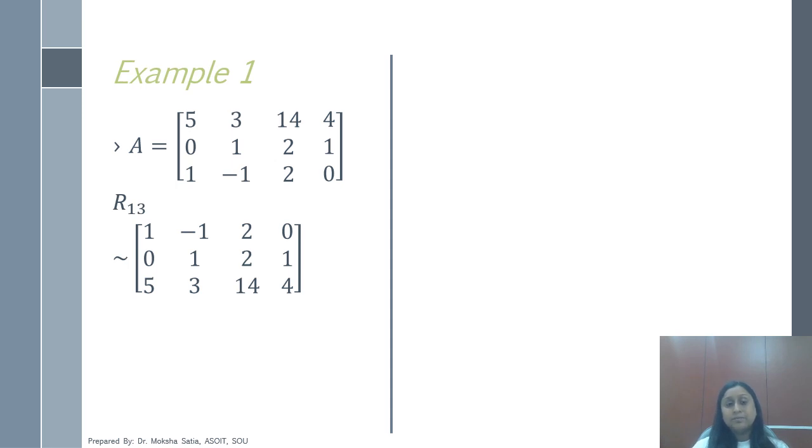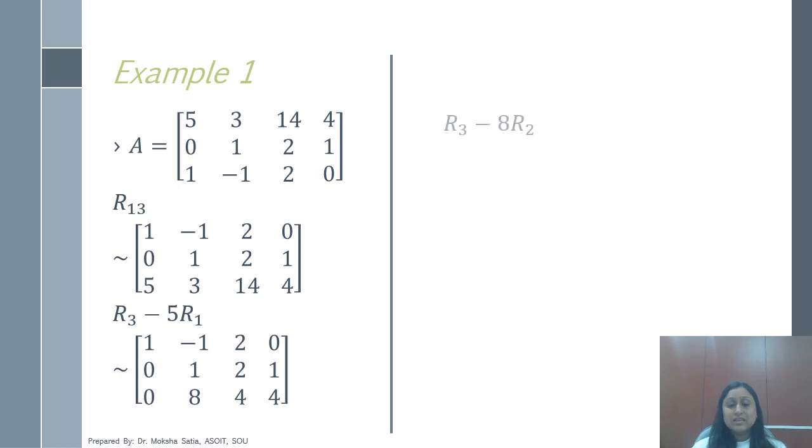Now we need zeros at the bottom of the leading one. We already have 0 in the second row, so we do not need to change that. The only thing we need to change is the 5 in the third row, and that's why we will apply the operation R3 minus 5R1. Multiplying R1 with minus 5 will give minus 5, 5, minus 10 and 0. Adding this to the third row, which is 5, 3, 14, 4 gives 0, 8, 4 and 4.